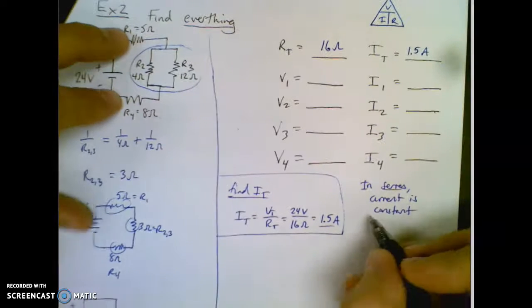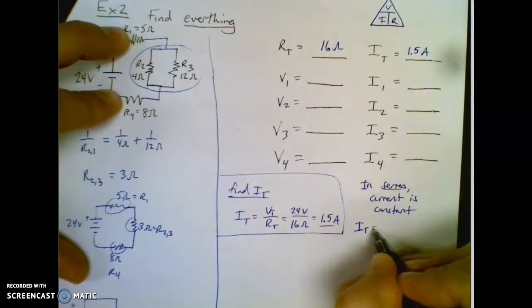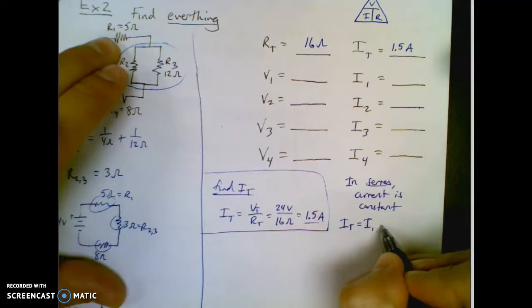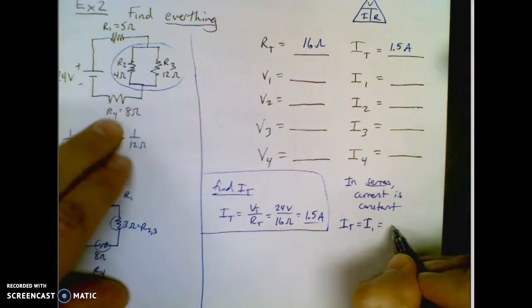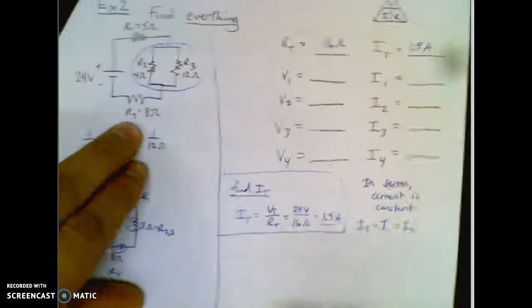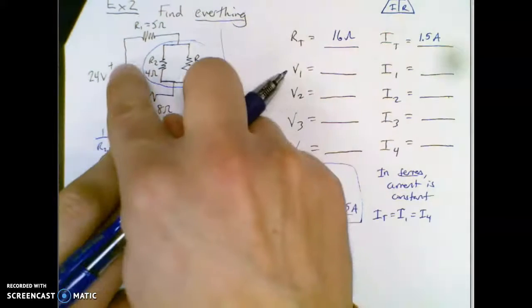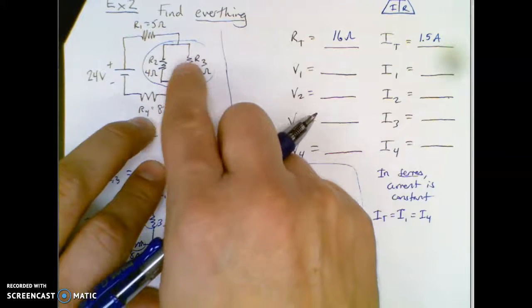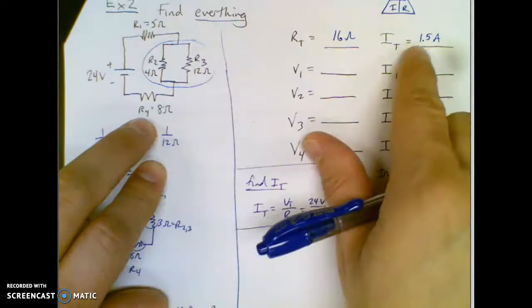So your total current is going to equal your current at resistor 1 and your current at resistor 4. That makes sense. Since they're in series, I'm allowed to say the current flows through them and them alone. It doesn't get to branch off like it would here. So it has to have your total current.